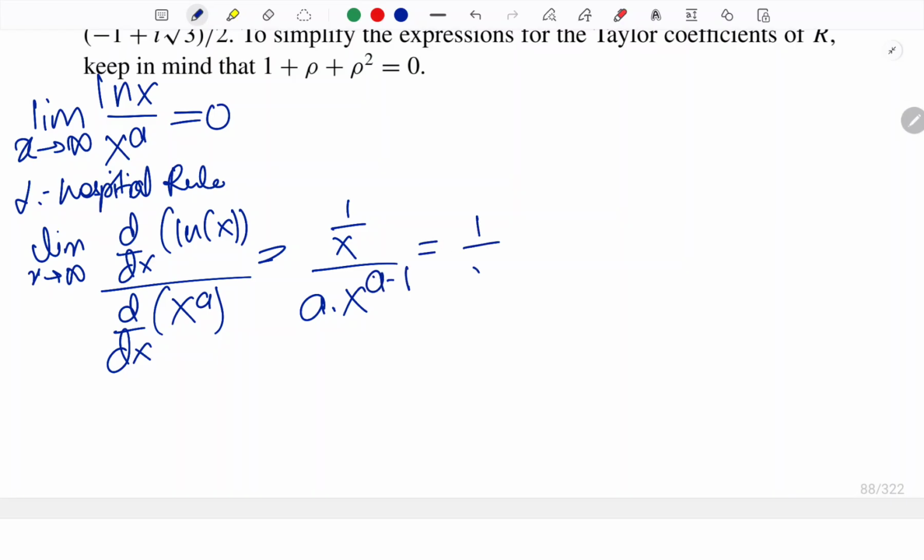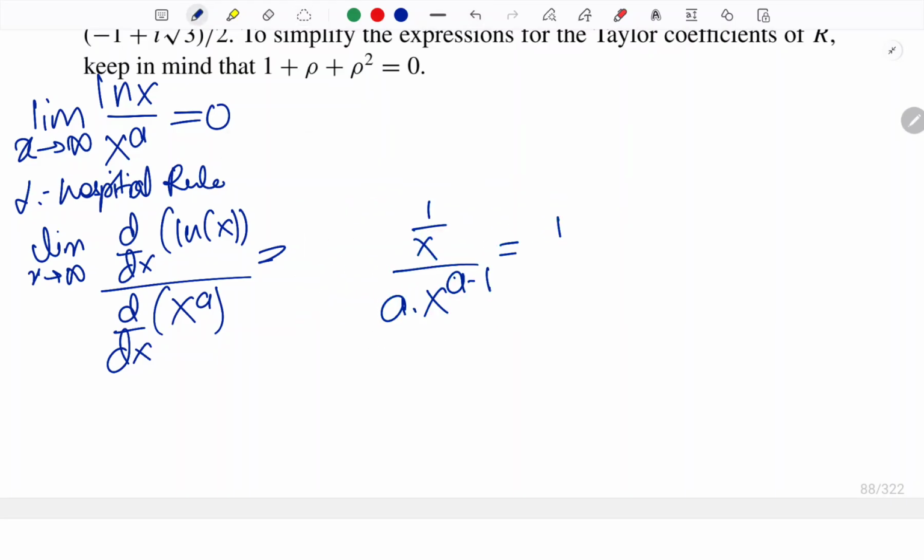So 1 over a is a constant, and we have 1 over x times x to the a minus 1, which is x to the a.